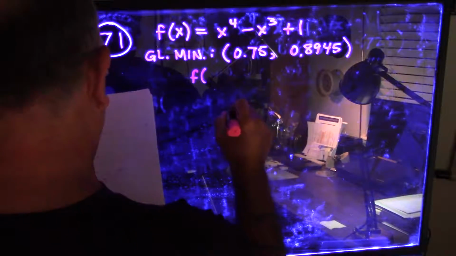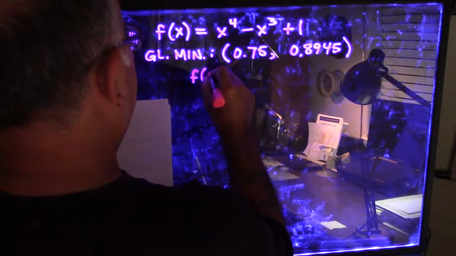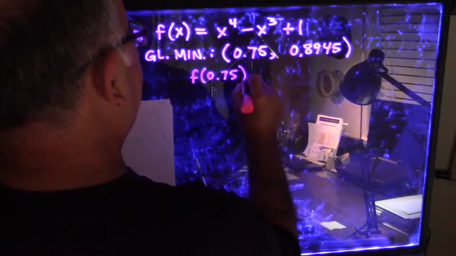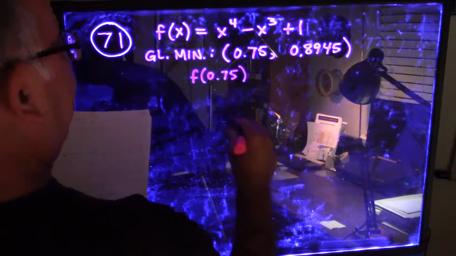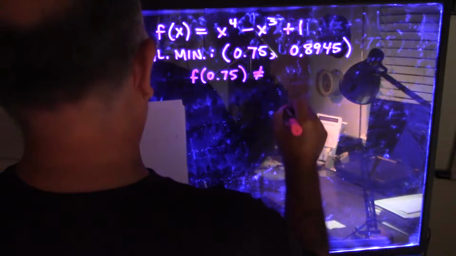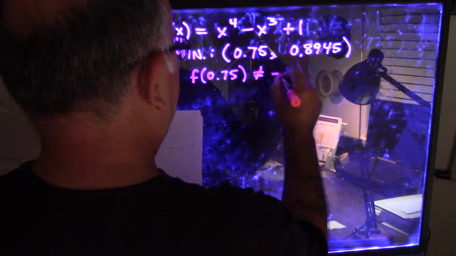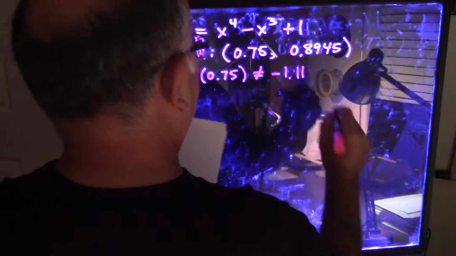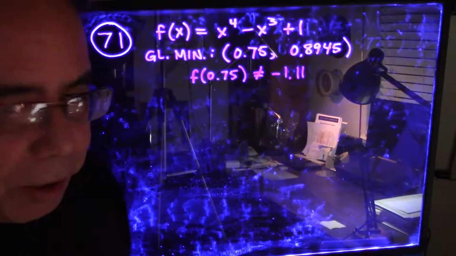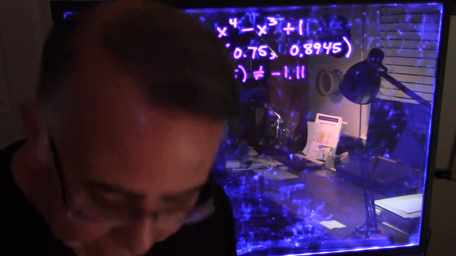That is the one point in which we both agree. The x-coordinate is the same in my result and the book's result, but f of 0.75 does not equal anything negative, and certainly not negative 1.11. So be advised of that error in the book.